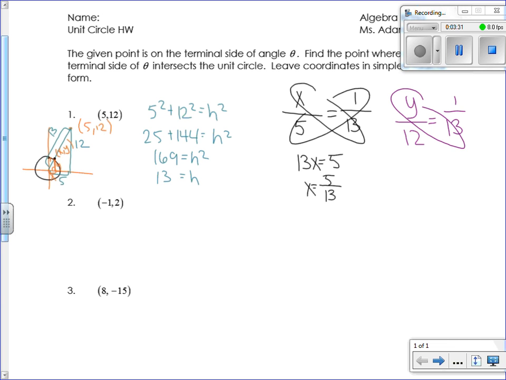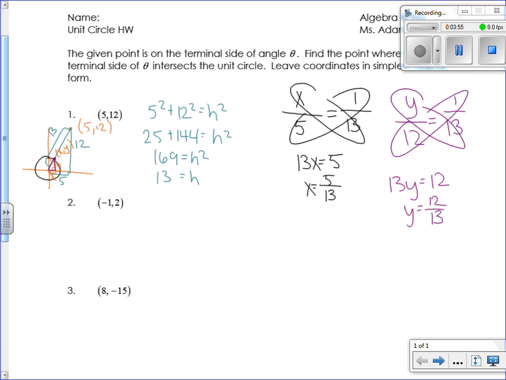Cross multiply, and you get 13y is equal to 12, or y is equal to 12/13. So that is my y value. That's the height of this baby triangle, and that's also the y coordinate of this point on the unit circle.